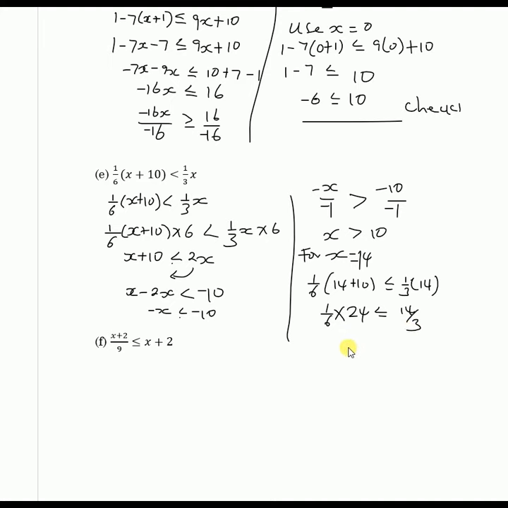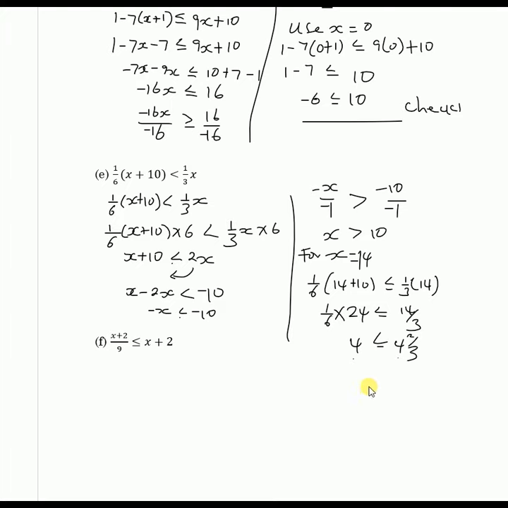24 divided by 6, that is 4, less than or equal to. Now this one here, if I work it out, I'm going to get 4 and 2 over 3. So this side is 4 and that side has 4 and some 2 over 3.